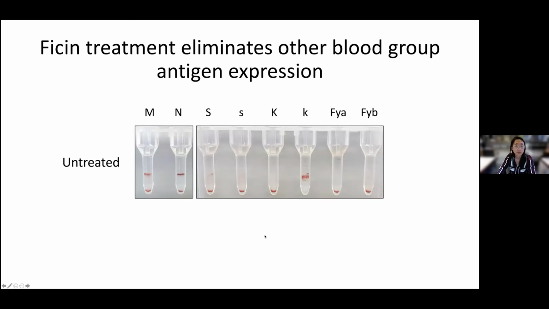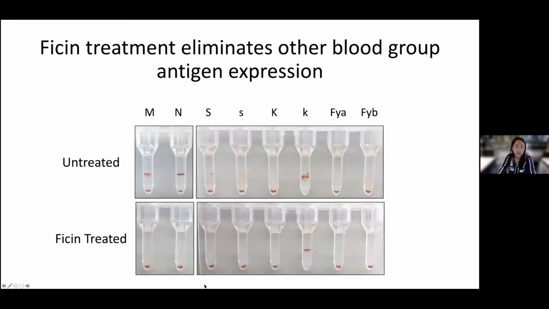What was also nice about Ficin treatment is that it eliminates other blood group antigen expression from the cell surface. So without treatment, we were seeing some expression of the MNS system, so the glycophorin A's and the glycophorin B's. We were seeing the KEL system expressed and just a little bit of the Duffys on the IRBC surface.